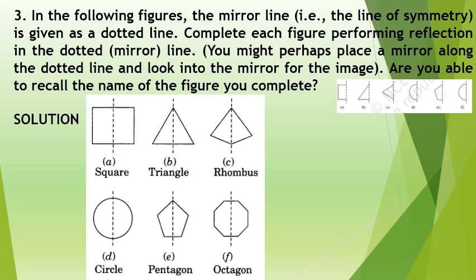And the last figure will be an octagon. Three sides are given and a half side of the part is also given. So if you complete the symmetric figure, we get 8 parts. So it is an octagon. We have to give the name also.